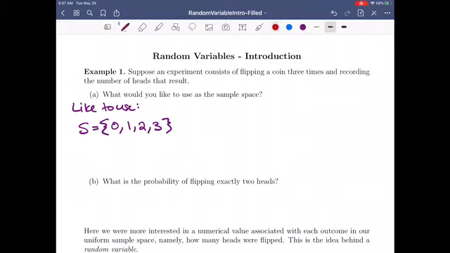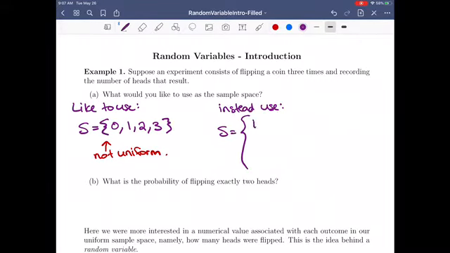The problem with this sample space is that these outcomes are not equally likely. So this sample space is not uniform. Then our counting method to compute the probability goes out the window. So what we often use instead is a sample space that gives us even more information.